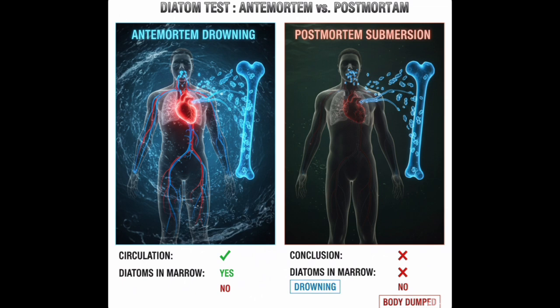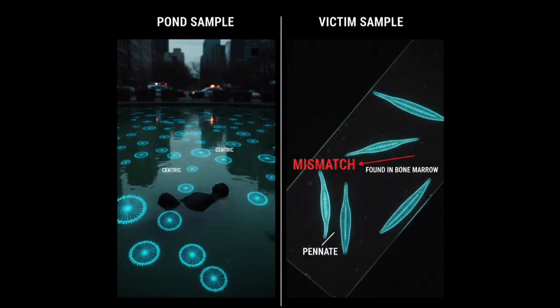Now let us have a look at a real-life case scenario, which is also known as the mismatch mystery. In this case, a body was discovered in a stagnant city pond. Some local police assumed that it might be an accidental fall, but the findings observed in this case were an absolute game changer.